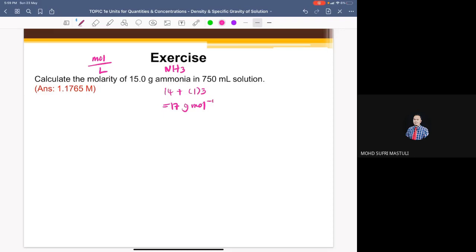And then the liter, you are given 750 ml. You have to convert this into liter. So you can try, it's quite straightforward. You can check, your answer should be similar to this.